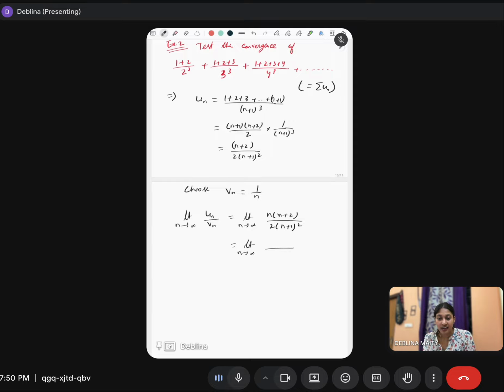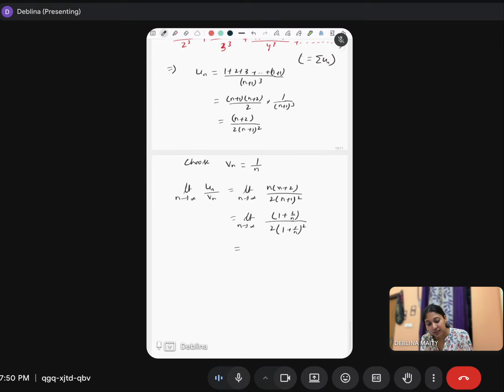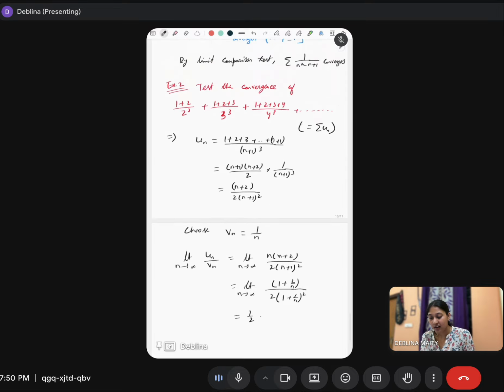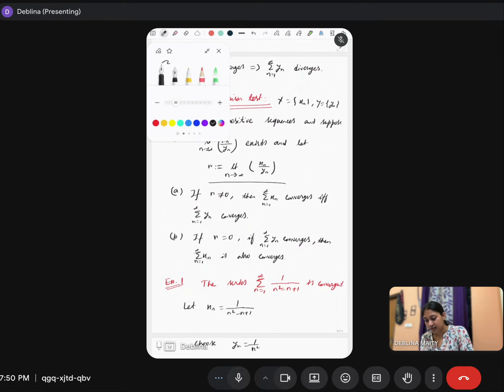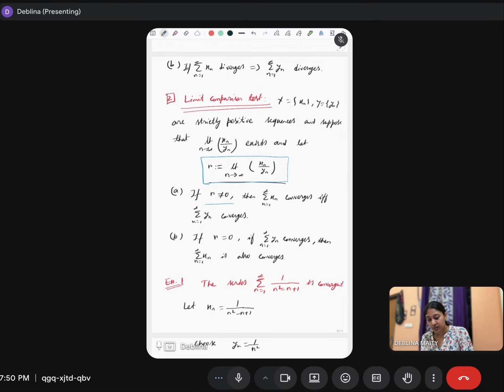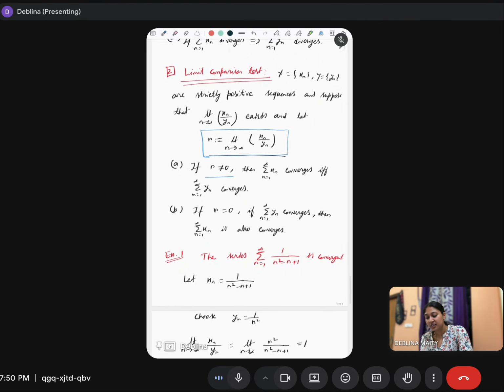If we divide the numerator and denominator by n squared, we get 1 plus 2 by n on top, and 2 into 1 plus 1 by n whole squared below, right? When n goes to infinity, this value is going to be 1 by 2. So this r in the limit comparison test is non-zero. So they converge or diverge simultaneously.